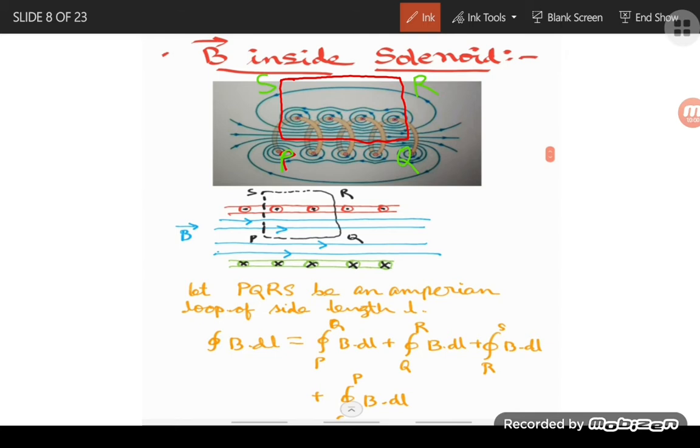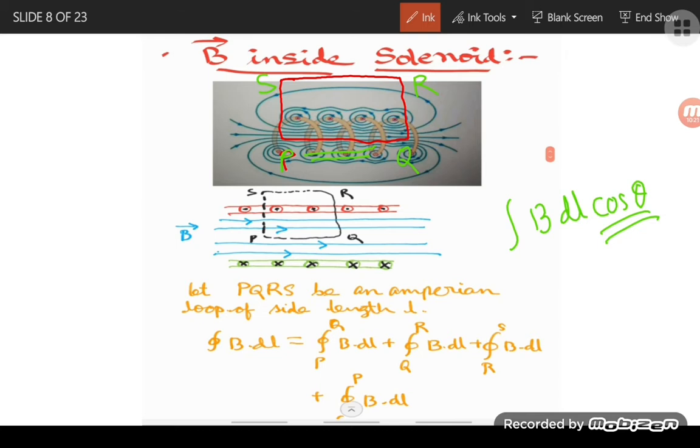In the portion P to Q, the contribution will be BL, because there is a magnetic field and the angle between them is 0 degrees. Because see, B dot dl means B dl cos theta, right?